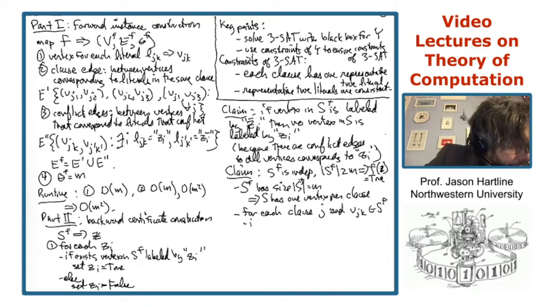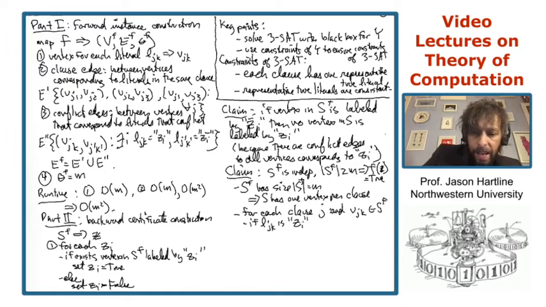So there are two cases. If Ljk is zi for some i, it's not negated. Okay, well then let's look at our construction.